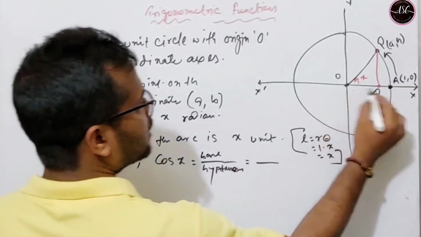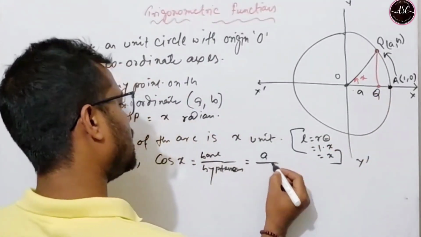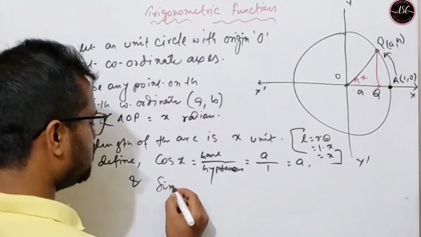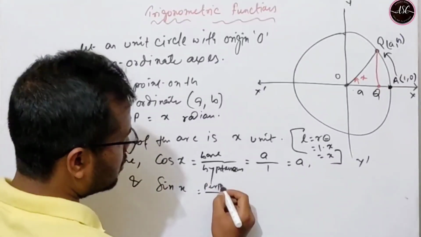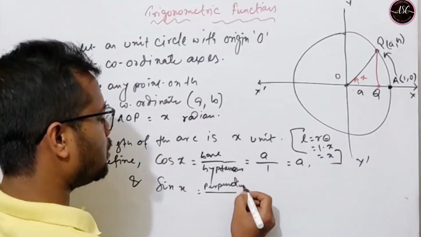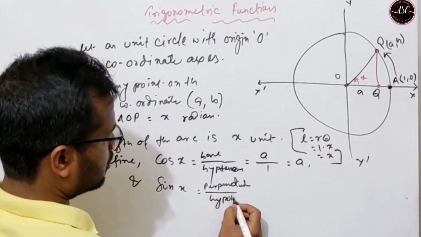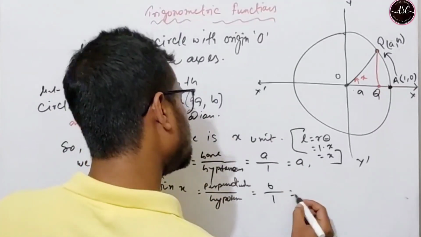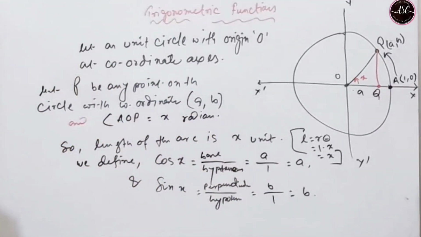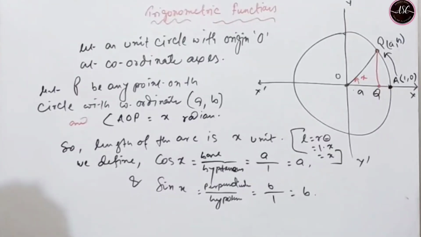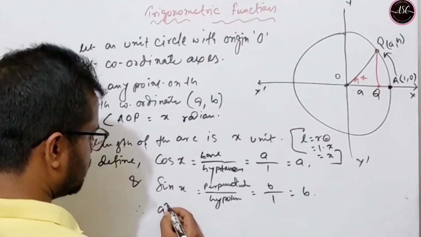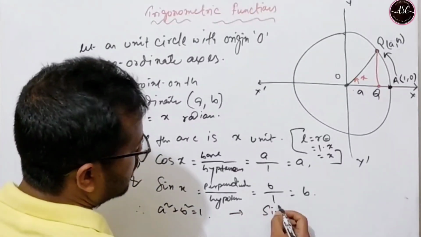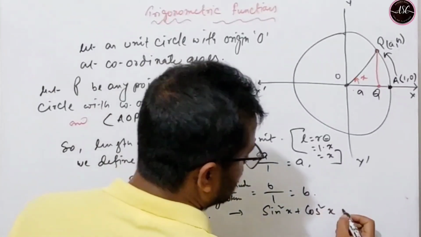That means the base will be a, and hypotenuse will be 1, that means a. And sin x is equal to perpendicular by hypotenuse. That means perpendicular equal to b, hypotenuse equal to 1, that means b. Now a square plus b square equal to 1, and sin square x plus cos square x equal to 1.